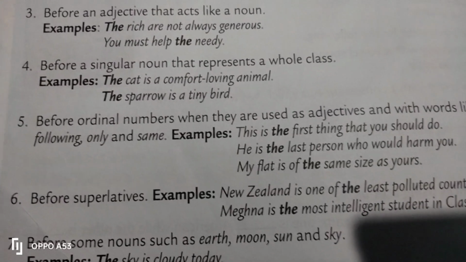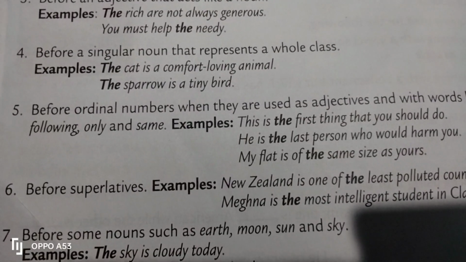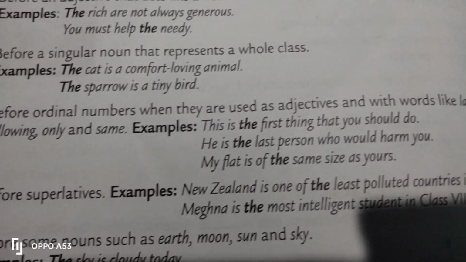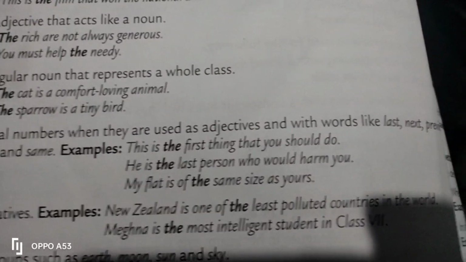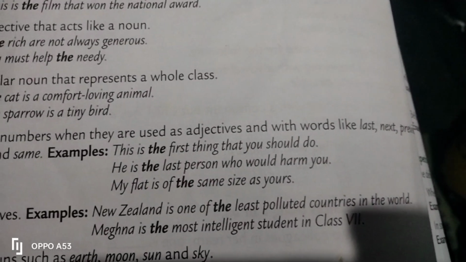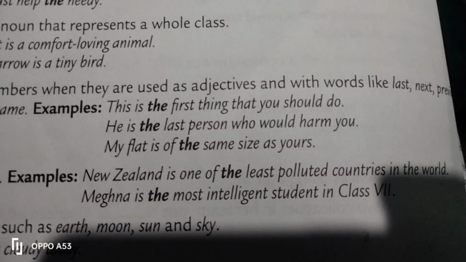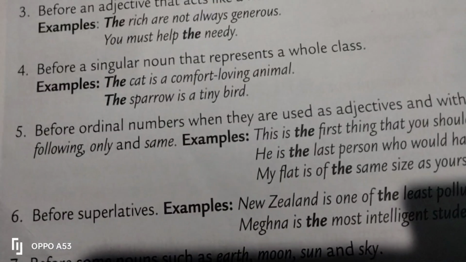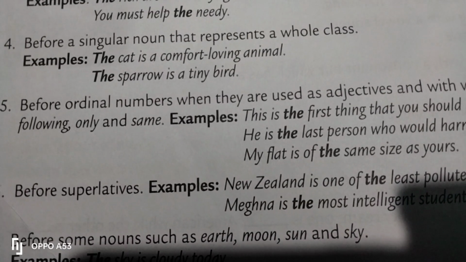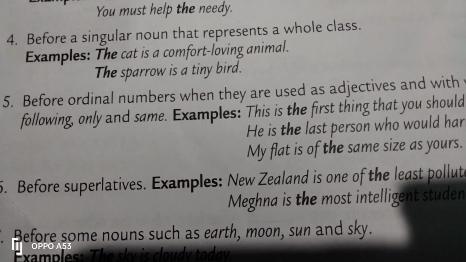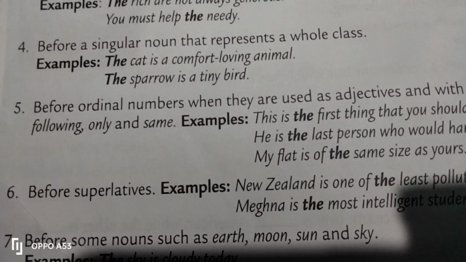Fifth rule, look at this. Before ordinal numbers, when they are used as adjectives, and with words like last, next, present, following, and same. For example, this is the first thing that you should do. So first is an ordinal number.